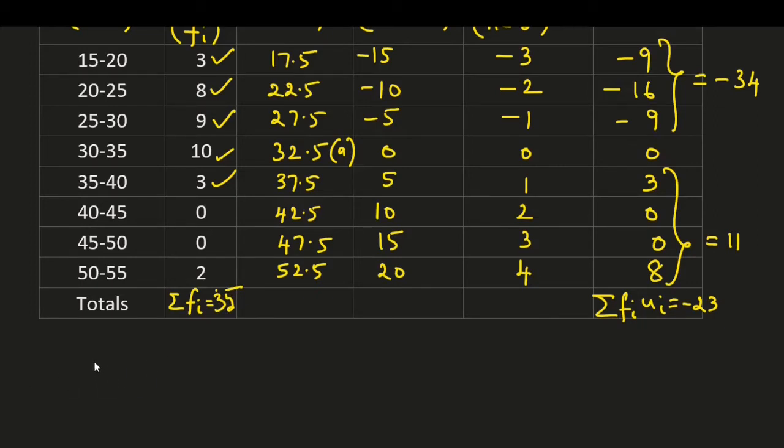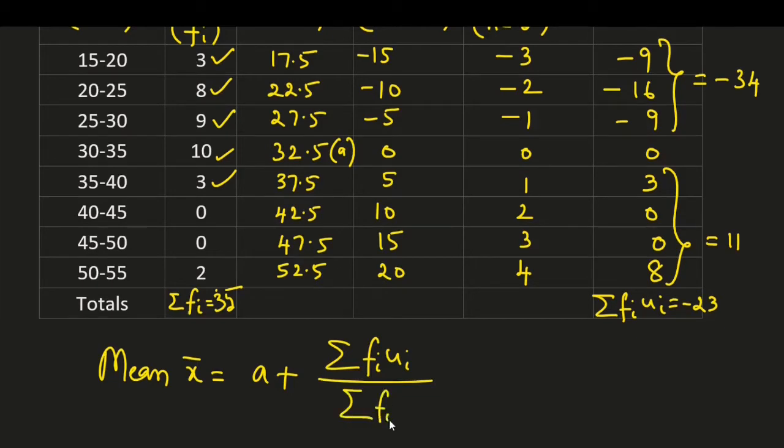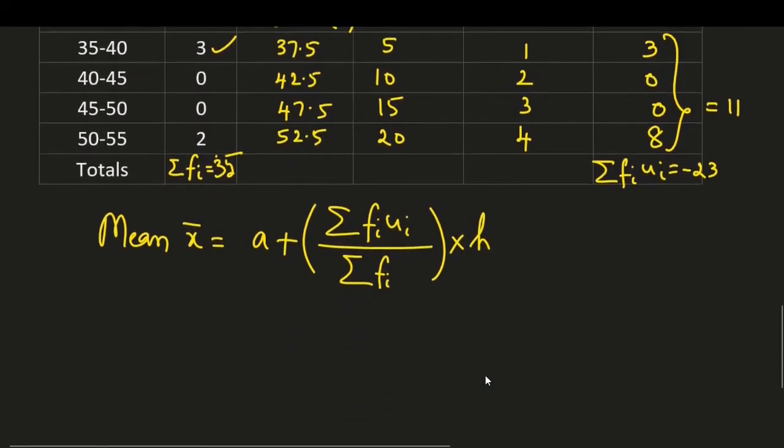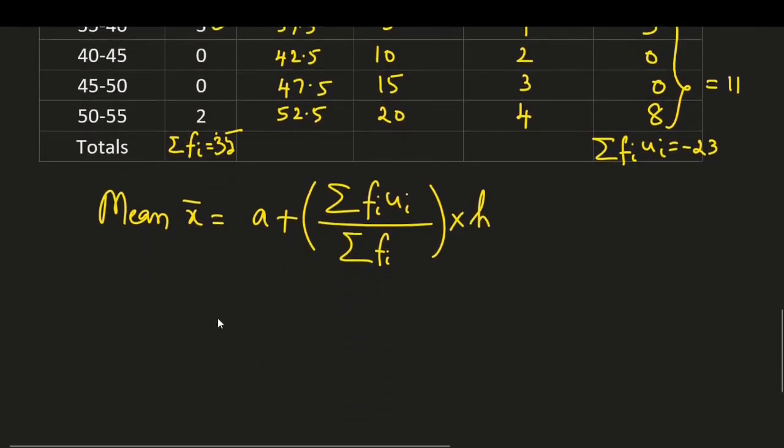Now let us write formula for mean when employing a step deviation method. Mean x bar is equal to a plus (sigma fiui by sigma fi) into h. Now substitute the values.